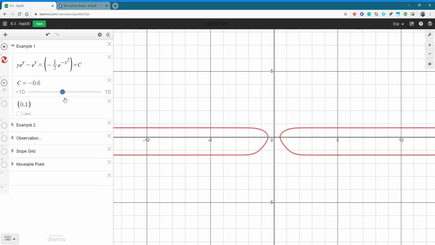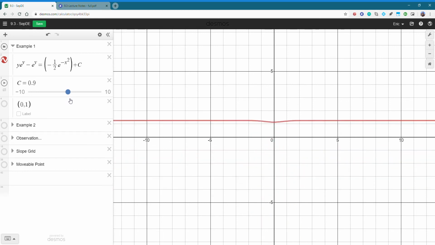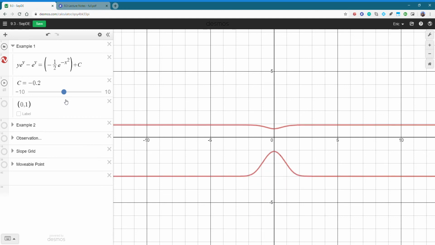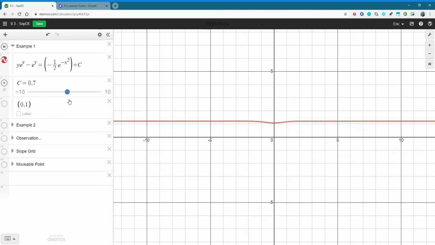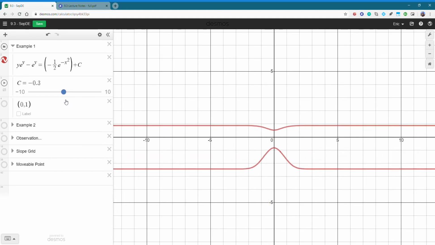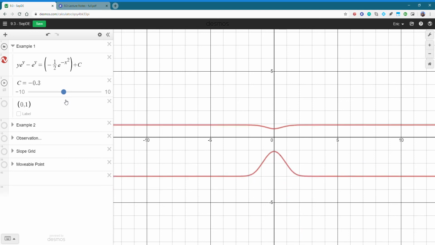But we notice we get different looking solution curves depending on what our constant c is. So each one of these curves would satisfy our differential equation. If we had our direction field, all those little line segments on this plot as well, these curves would be moving through those perfectly.